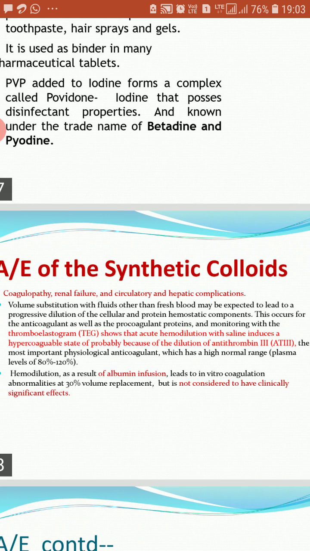It means they are saying that antithrombin 3, which is an anticoagulant, is diluted because of these colloids, and as a result there are chances of hypercoagulation.